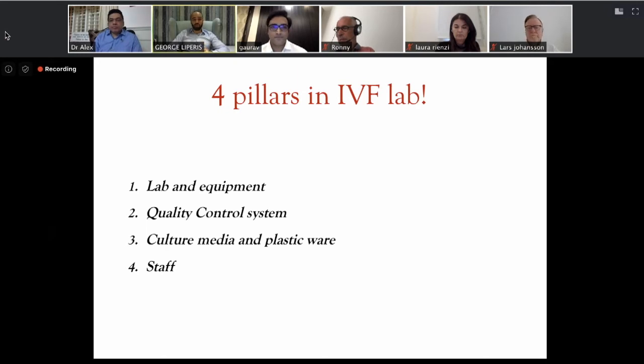Three is to have good quality culture media and plasticware, and to have staff that know how to use the equipment, that had proper training and can be assessed by the KPIs. So if something goes wrong with any of those pillars, then the whole structure collapses. They are equally important. Of course, there are specifics to look at, like gas, which would probably be the main thing to look at first, but any of those 4 can contribute to the outcomes.